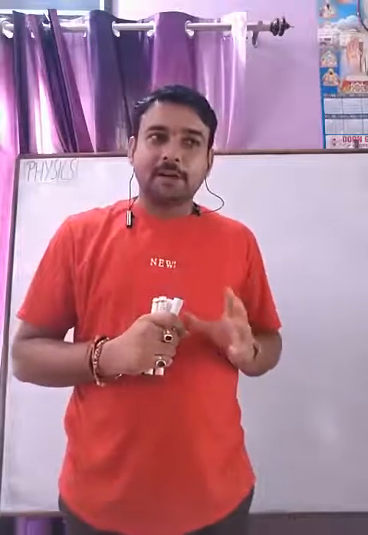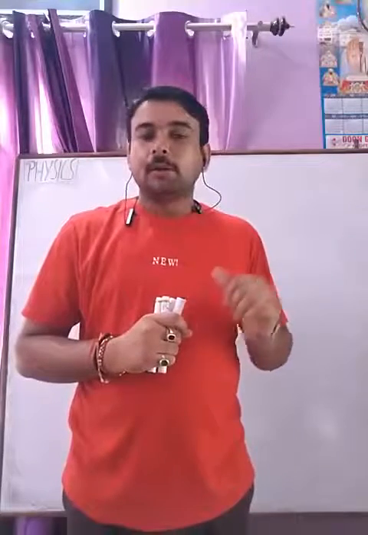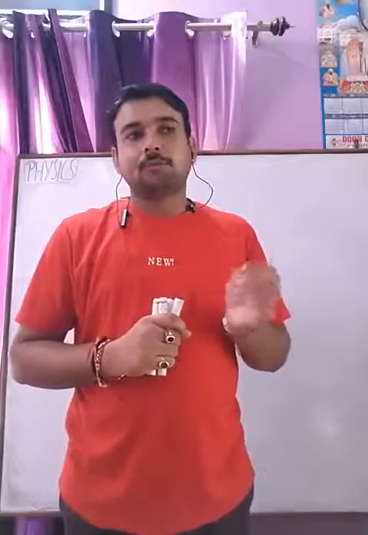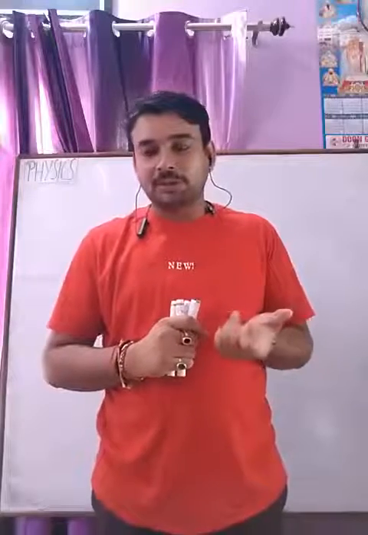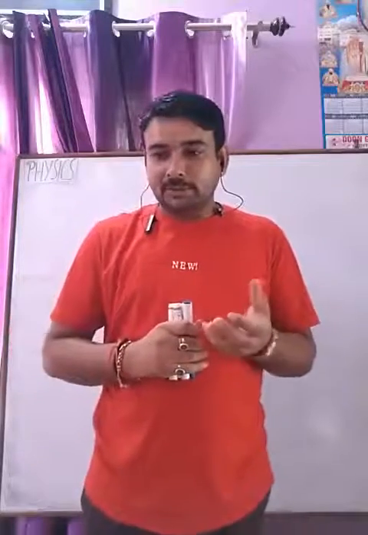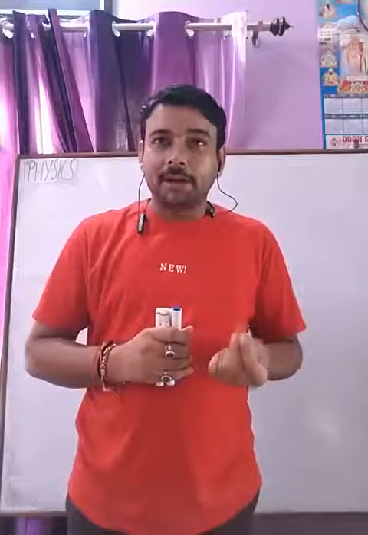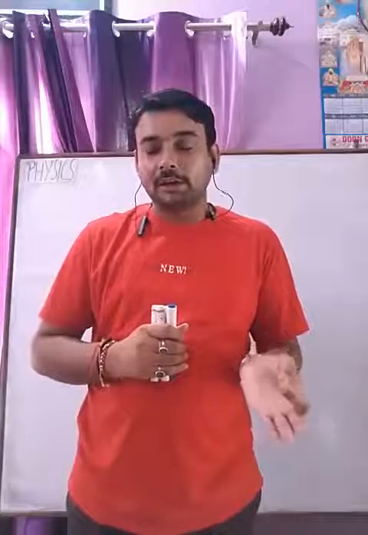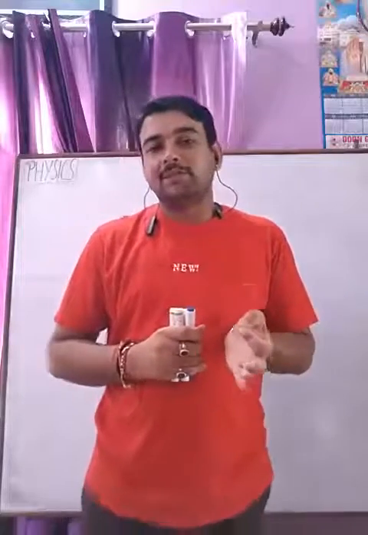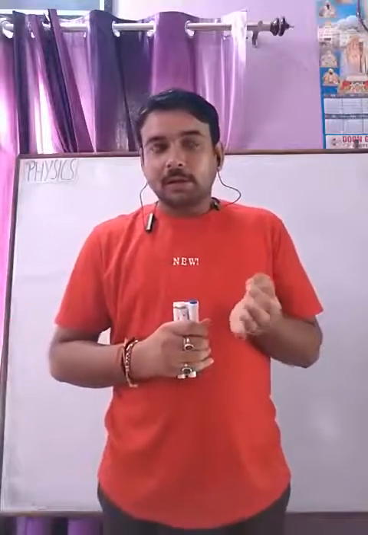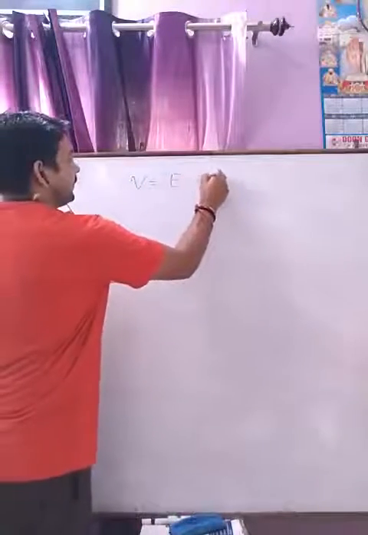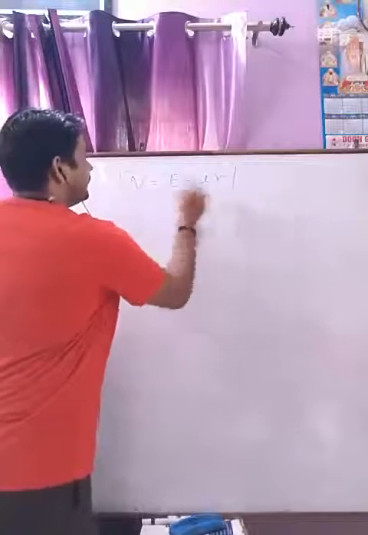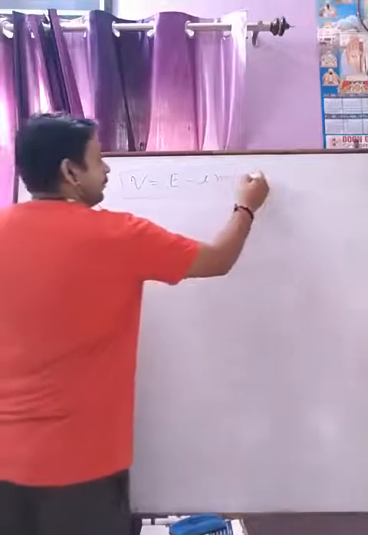That is why we prefer the potentiometer in place of a voltmeter to calculate the EMF of a cell, because if a voltmeter is used to measure the EMF of the cell, it cannot calculate the EMF, it will calculate the terminal potential difference of the cell. That is V is equal to E minus Ir. This is measured by the voltmeter.